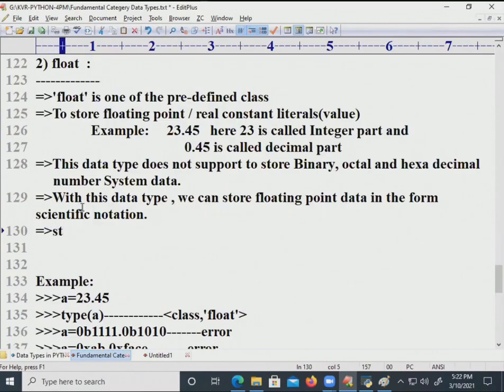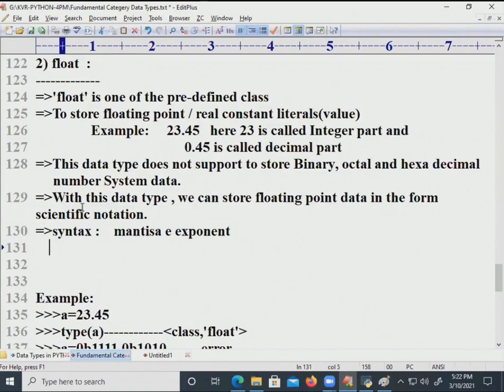Syntax: mantissa E exponent. Example there only.